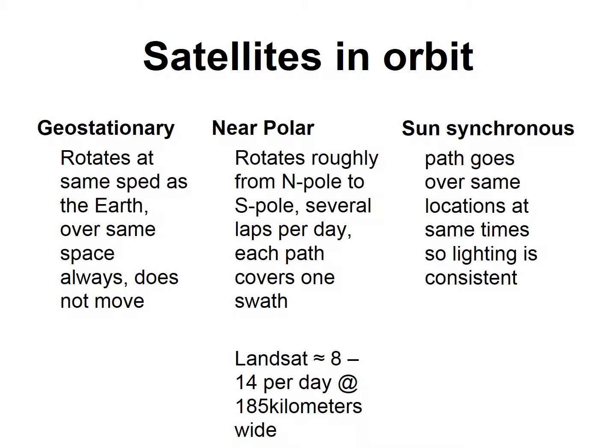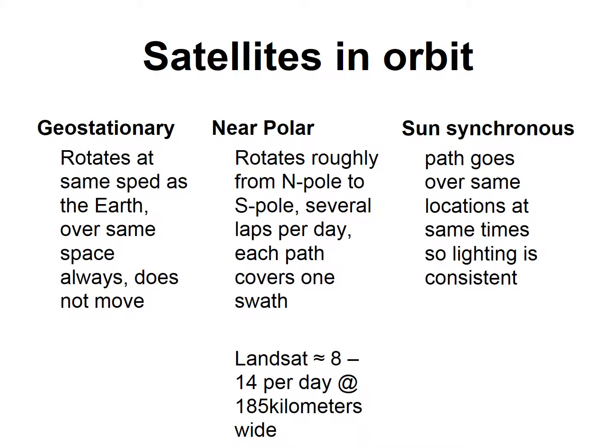And then you have sun-synchronous orbits, which means the path goes over the same location at the same time every day. This is kind of important because a lot of times when we're looking at multispectral imagery for remote sensing purposes, the amount of energy that is impacting the surface of the Earth would change dramatically if we measured it a couple different hours earlier or later in the day.